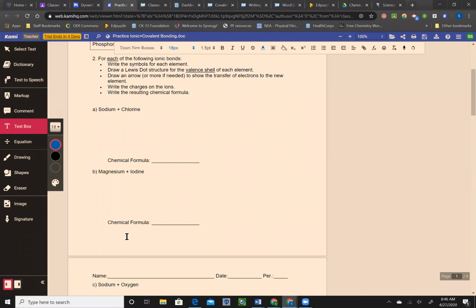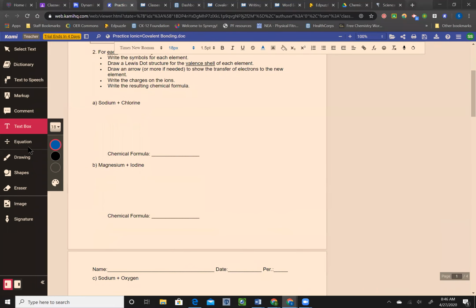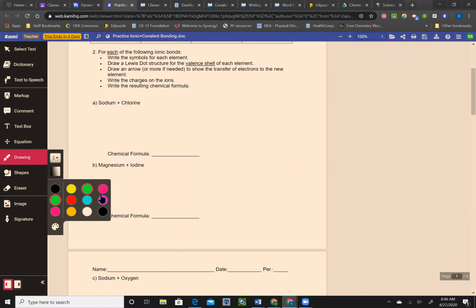So right away, magnesium, I got to choose this. I'm going to try to draw. Let's go hot pink. So magnesium has 1, 2, and the other, iodine, is 1, 2, 3, 4.